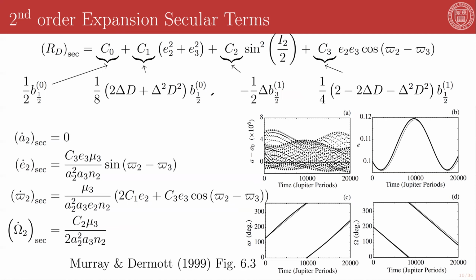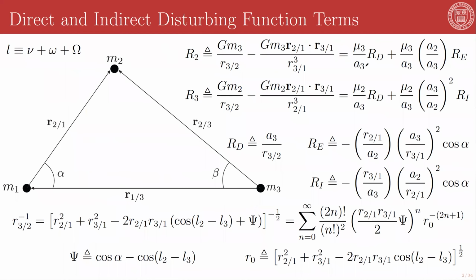At this point, it is also worth remembering that Rd is just one factor in the actual full disturbing function. Remember that we defined the disturbing function on body 2, R2, as mu3 over A3 times Rd plus mu3 over A3 times our delta, A2 over A3, times this Re, the external perturber indirect part of the disturbing function. However, in this case, Re will have no secular contribution.